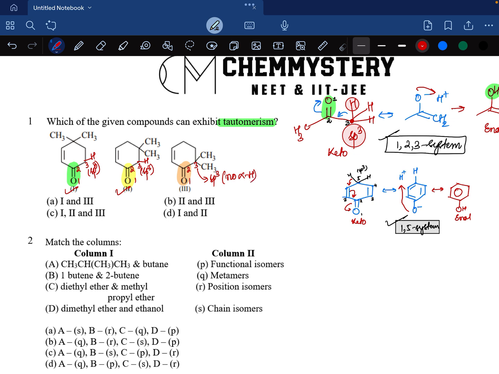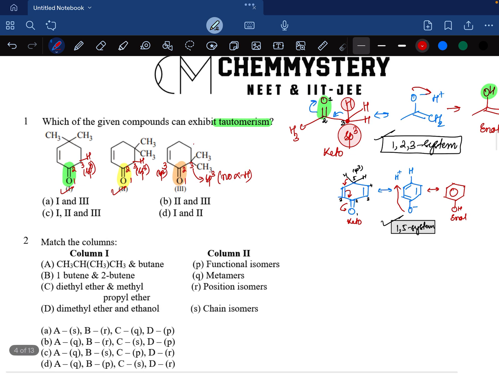So this condition is not satisfied. On the other side, the third carbon is sp2, so again the condition doesn't satisfy. So we go to the next carbon and check. The fourth one, then the fifth one. The fifth carbon is sp3 hybridized as well as hydrogen is present. So here we see that 1,5 system type of keto-enol tautomerism is occurring. So all three can undergo keto-enol tautomerism.